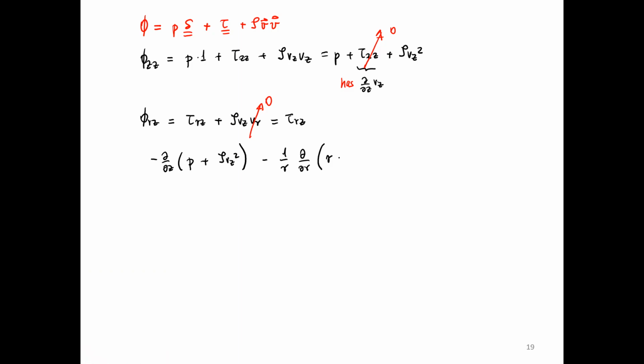So that is r times tau rz plus rho g is equal to 0.